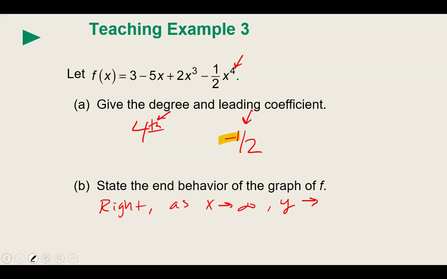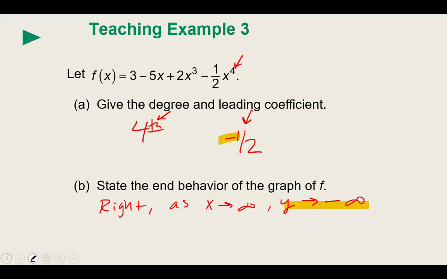Negative. My leading coefficient is negative. So therefore my y is heading towards negative infinity. Okay. That is an ugly infinity. Better-ish. Again, because my leading coefficient is negative, my right side behavior is negative.